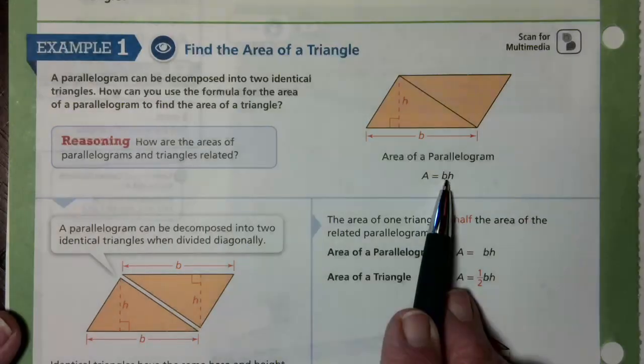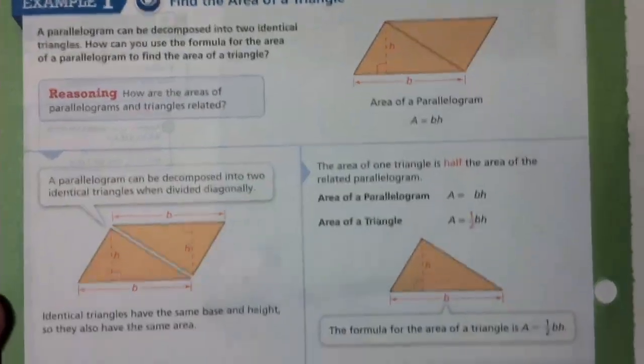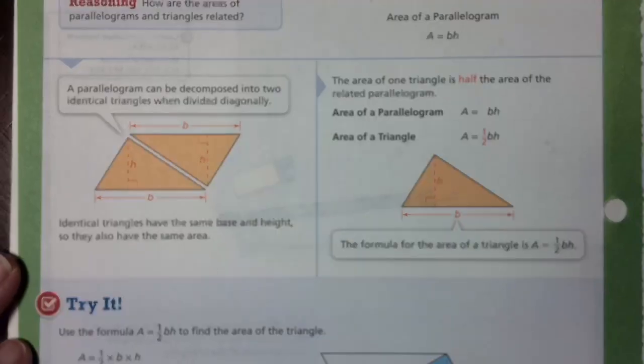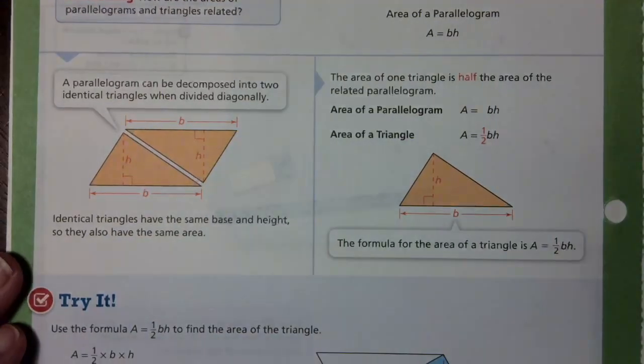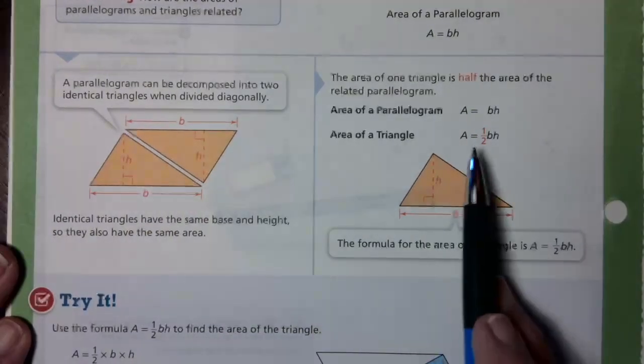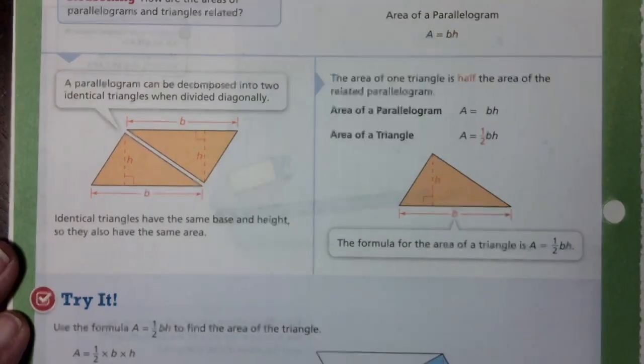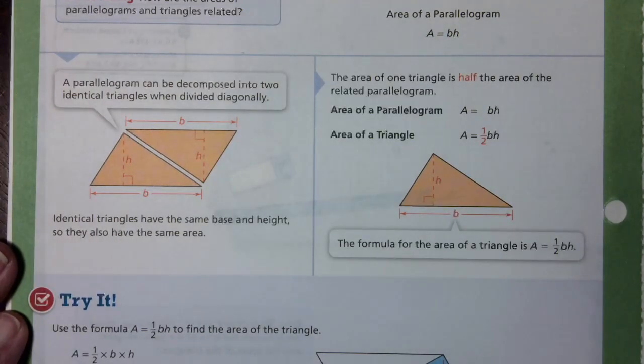We investigated that yesterday. When you cut that in half, you have to cut your formula in half also to get your formula for a triangle. So one of these triangles is half of what the whole parallelogram would have been, and thus you come up with the formula for finding the area of any triangle.